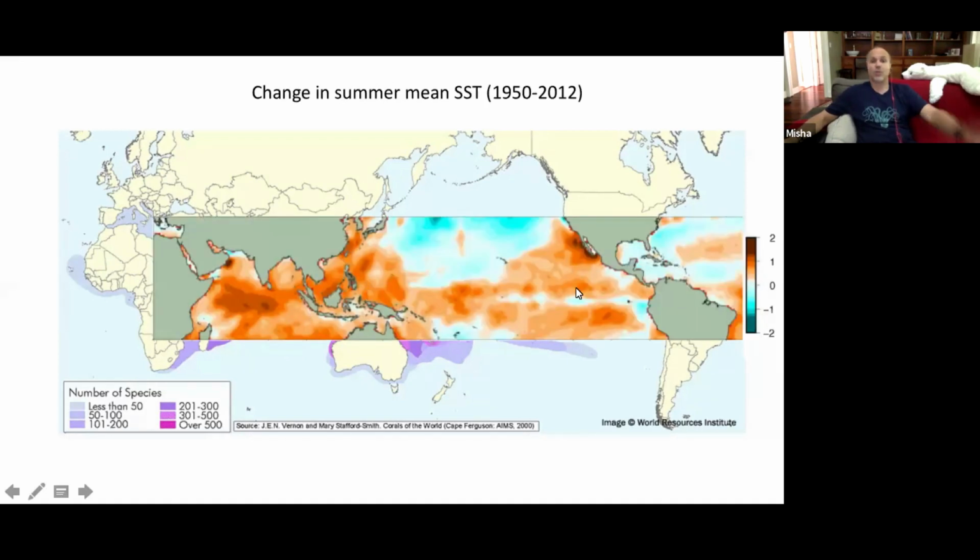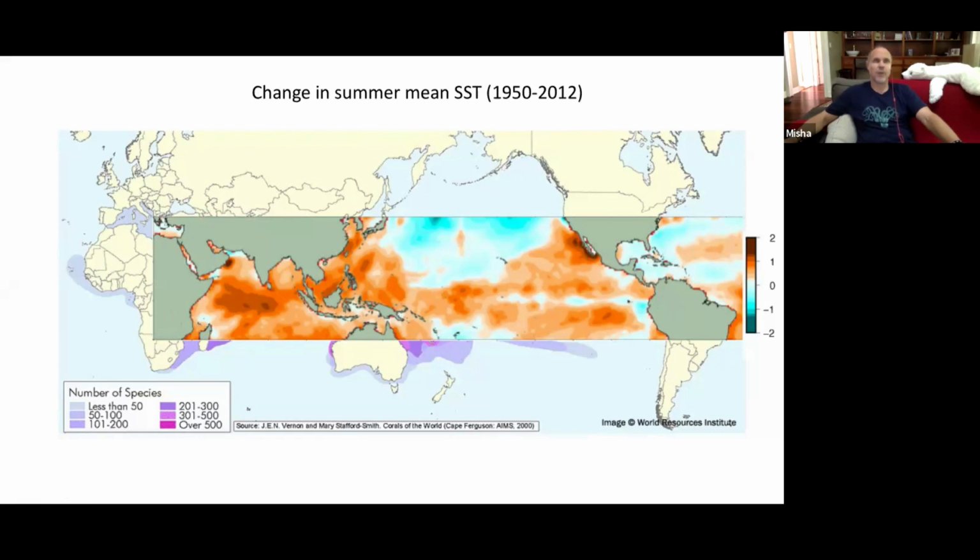This is how the temperature have already risen. Actually, already quite a long time ago, it was already quite noticeable increase. And you see that a lot of red blobs here corresponding to increasing temperature.